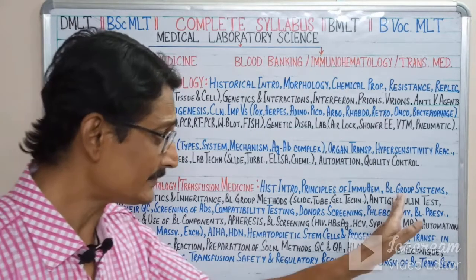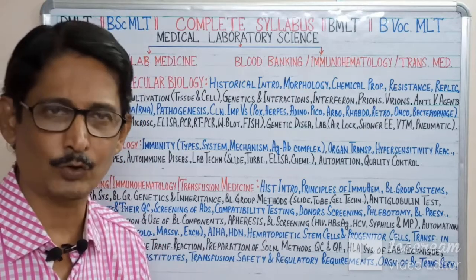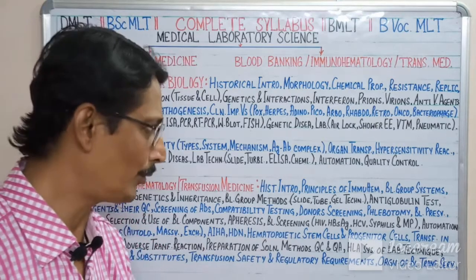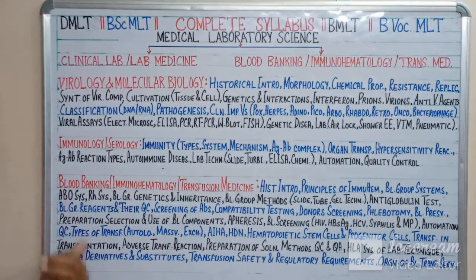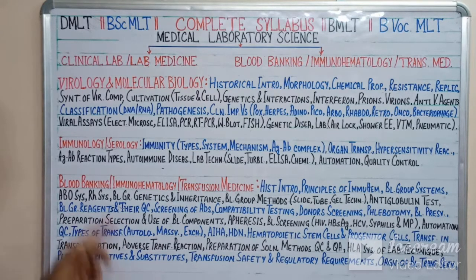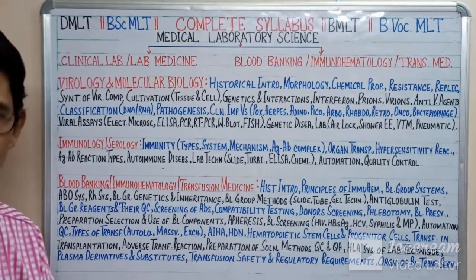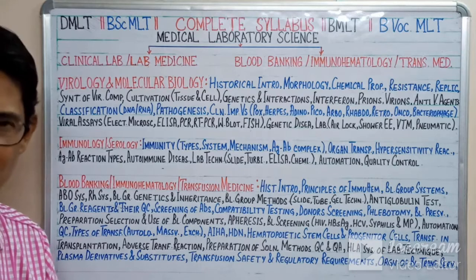Blood group systems: there are 31 types of blood group systems in common practice. We have to study that. Now the ABO system, that is the A group, B group, AB group and O group, comes under the ABO system. Then the RH system. Generally we say my blood group is A positive.